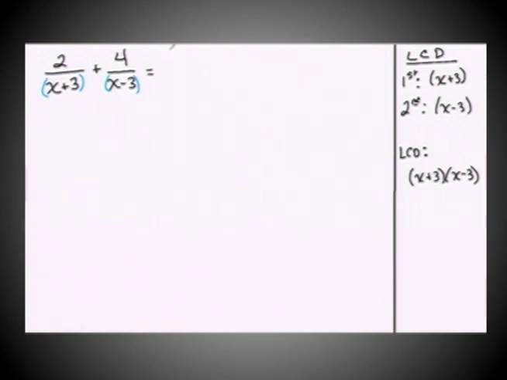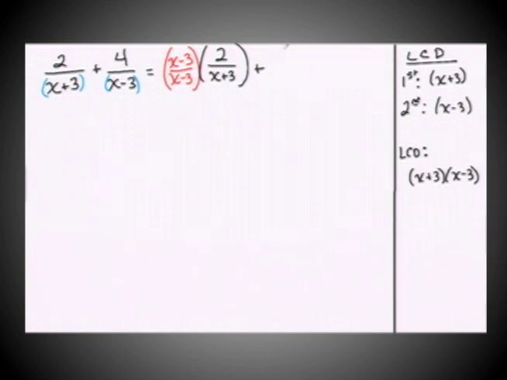So we multiply by 1 in the form of x minus 3 over x minus 3. So that's a really crazy looking way of writing the number 1, but anything divided by itself is 1. So you're not changing that first expression, you're just going to make it look a little bit different.